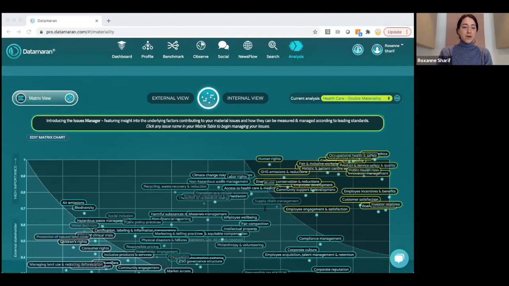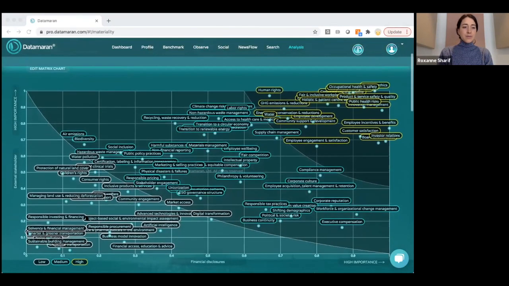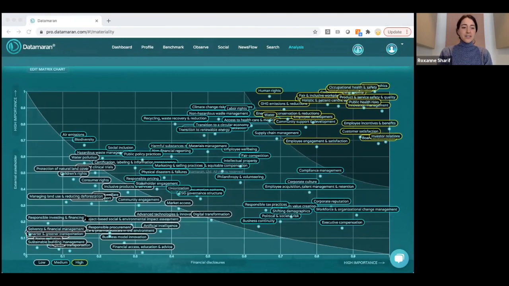Great. So as you can see, we have a matrix chart here. This is one of the outputs generated by DataMoran, and this illustrates the 90 plus topics that we cover plotted against the X and Y axes.